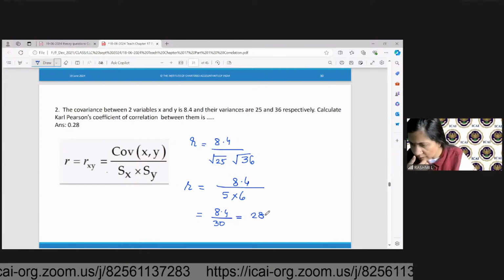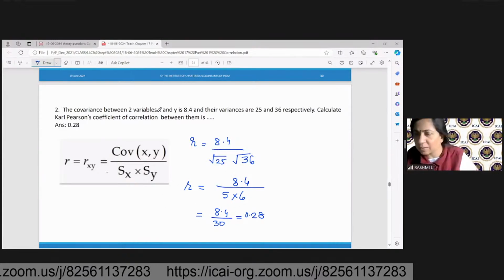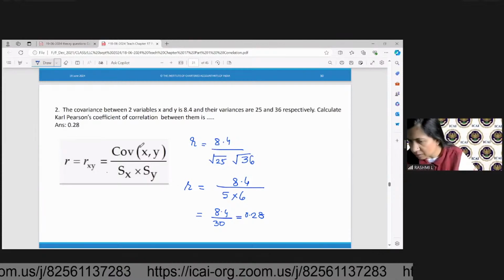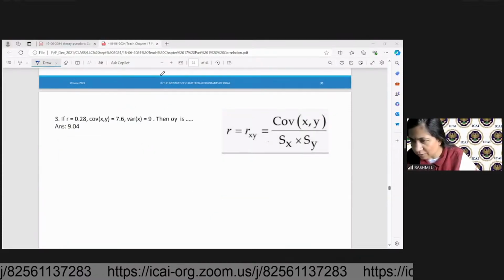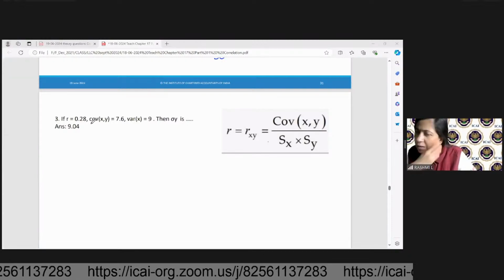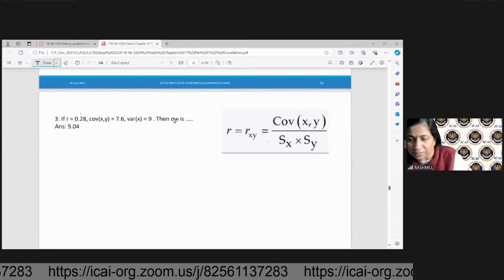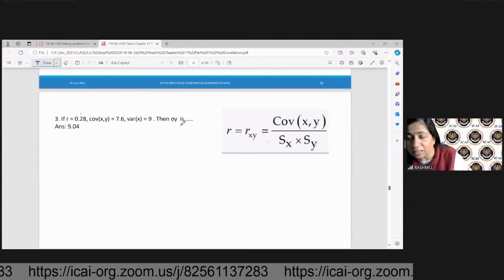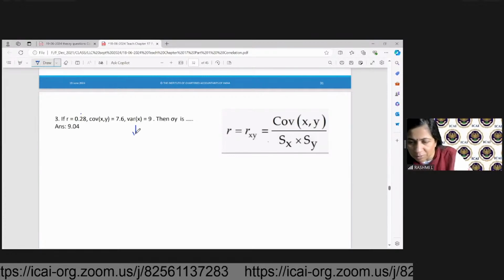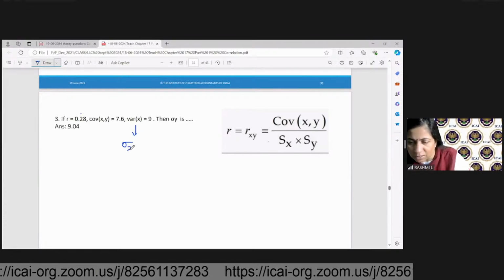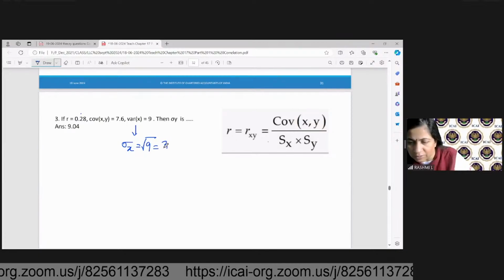Two, 8, and 0.28. Okay. Yes, Jyoti, very fast you've done. Now here what is given? R is given. Covariance is given. Variance of X is given and they're asking you to find the standard deviation of Y. Just be careful. This means standard deviation of X is square root of 9 which is equal to 3.